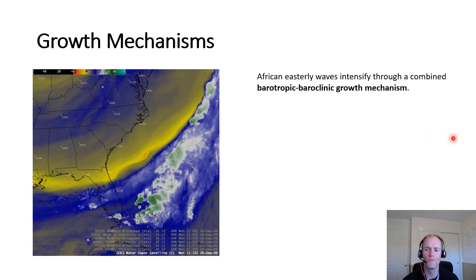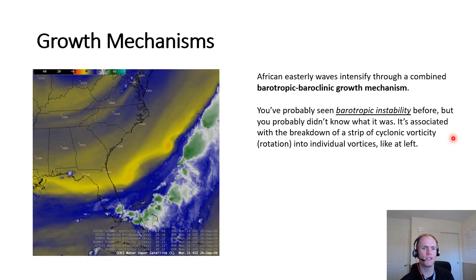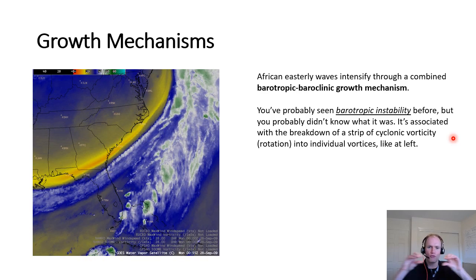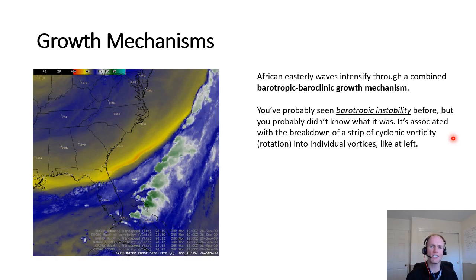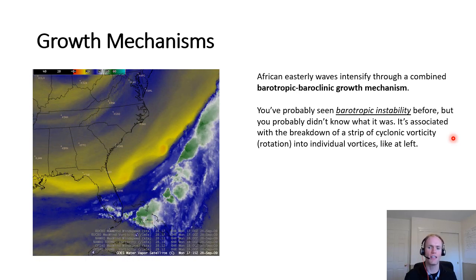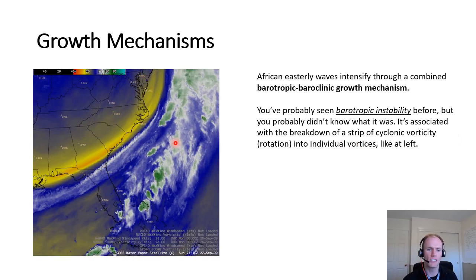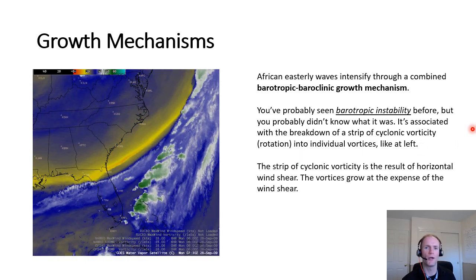of the trough. They have formed through a method known as barotropic instability, the breakdown of a strip of cyclonic rotation or cyclonic vorticity, like we see in the base of a trough, into smaller scale, mesoscale individual vortices, like we see here in the diagram at left, as discussed a moment ago.